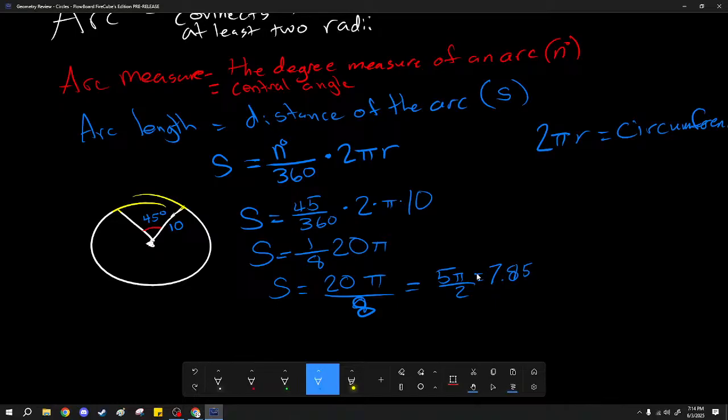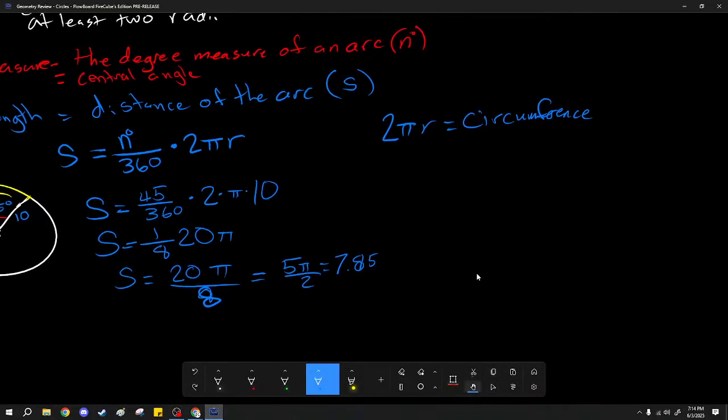So let me do it over here. So I had 20 pi over 8. So both 20 and 8 are even numbers. So I know it can be reduced by 2. I can divide both of them by 2.